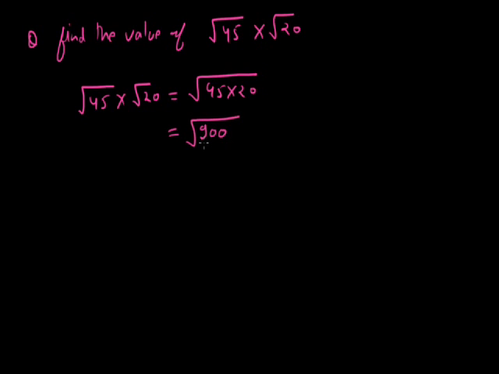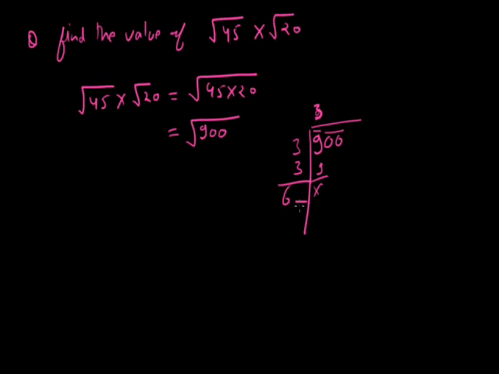Now we simply find the square root of 900, let's say by long division method, or you can say by prime factorization method. Let's say we do it with the long division method. We make the pairs of 2. So 3 square is 9. Nothing is left there. Now we have 00. Here 3 plus 3, that is 6.